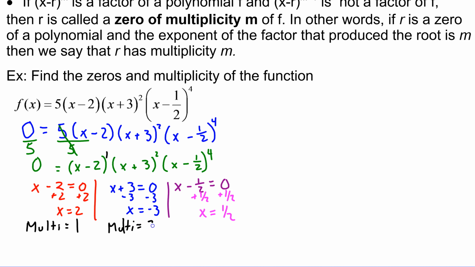So we would say that it has a multiplicity of 3. The next had a 2, pardon, it had a power of 2. So we would say that it occurs twice in our factored list. And so we say it has a multiplicity of 2. And then the 1/2 came from the factor x minus 1/2. It had a power of 4. So it would have a multiplicity of 4.